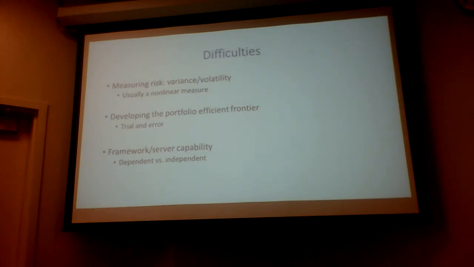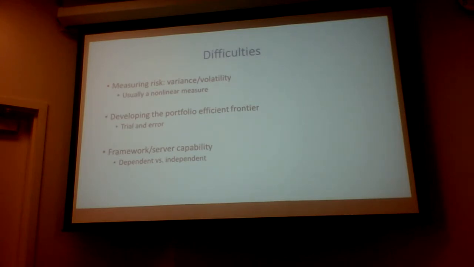What are the difficulties for building and solving the optimization model for this problem? The first difficulty that we address is going to be measuring risk. Because risk is represented by variance or volatility, usually this is a non-linear measure. This can present a lot of difficulty when putting together this model.